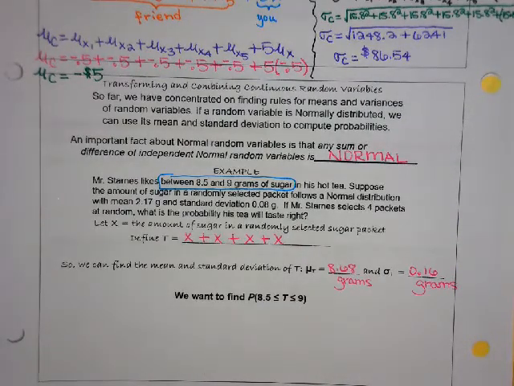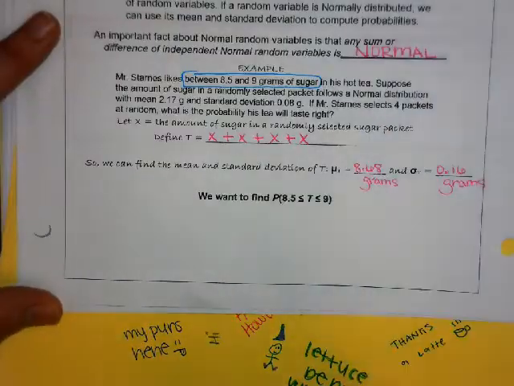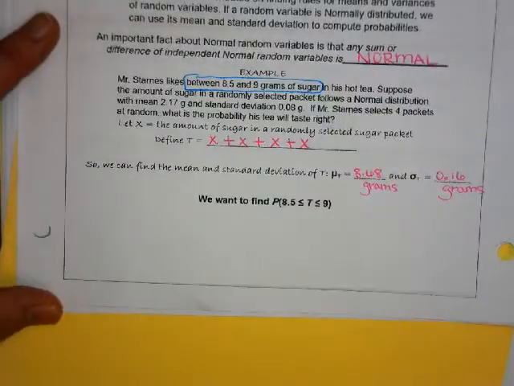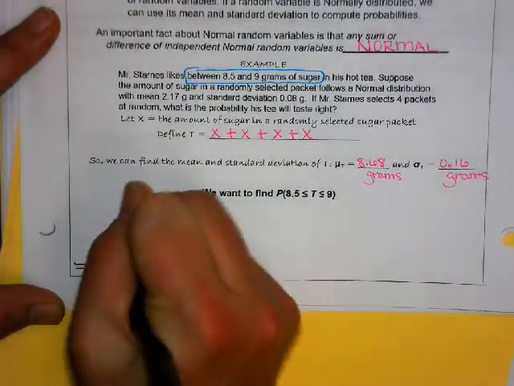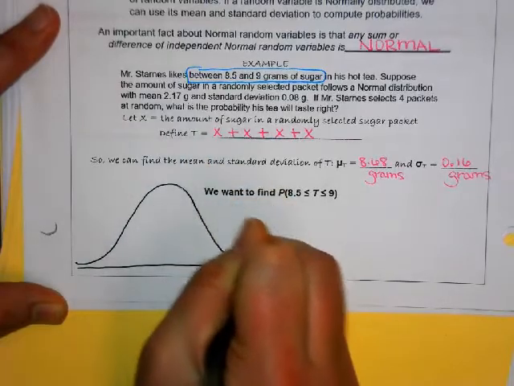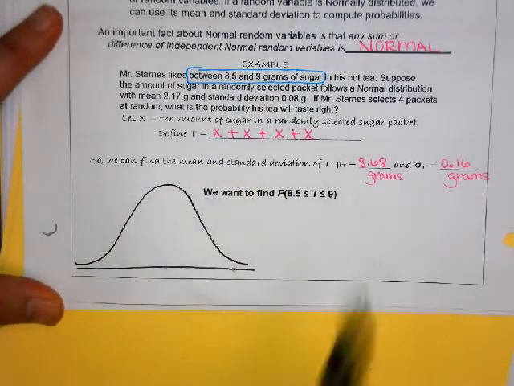So we're going to draw our normal curve. It has a mean at 8.68 and a standard deviation of 0.16.